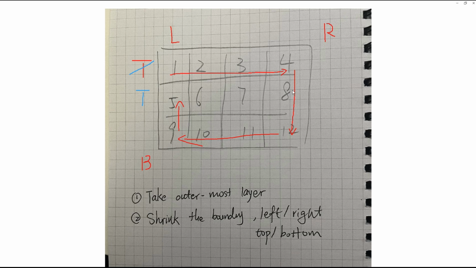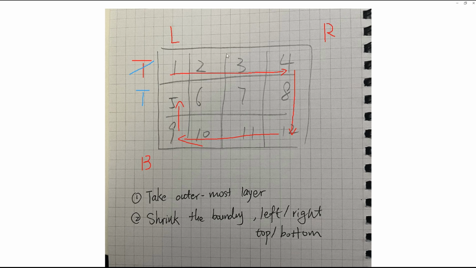And we will go down to 12. And because the 12 reaches the bottom boundary, and we have visited every element in the right column, we will update the column information. So we can have the sequence number of every step.